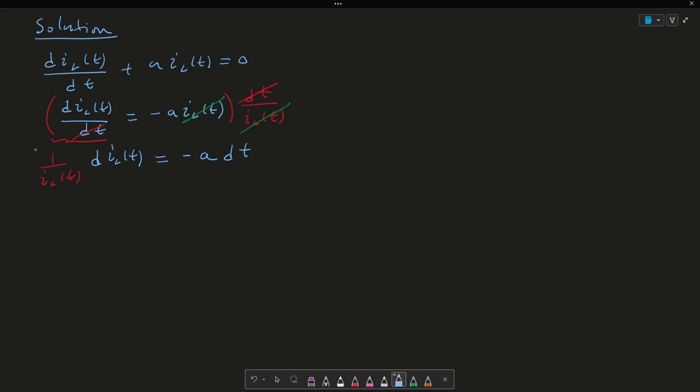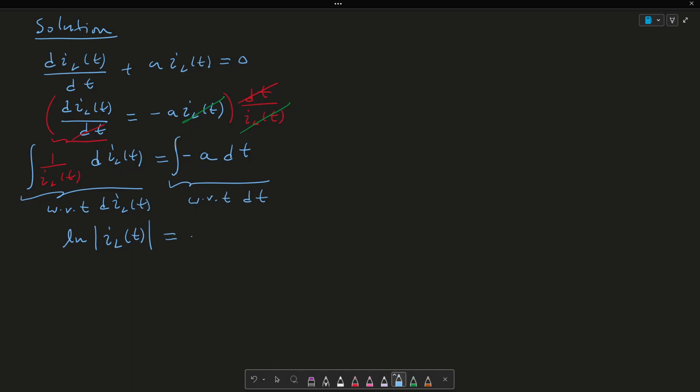Okay, so then I can go ahead and take the integral on both sides. On this end here, it's with respect to dIL of t, and on this end here, it's with respect to dt. So the answer to the first integral is going to be ln absolute value IL of t is equated to minus At plus a constant c. So then let's take the exponential of both terms.